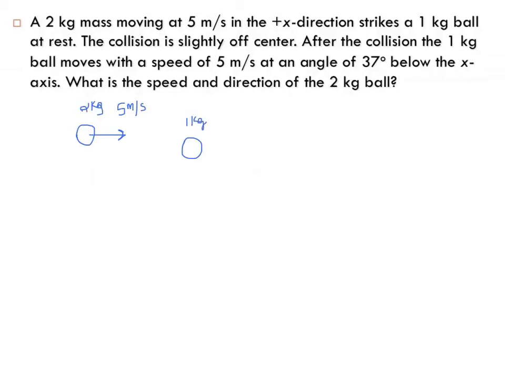So after the collision, the 1 kilogram ball moves with a speed of 5 meters per second at an angle of 37 degrees below the x-axis. And it's asking for the speed and direction of the second ball, the 2 kilogram ball.